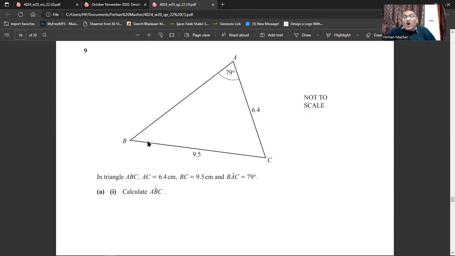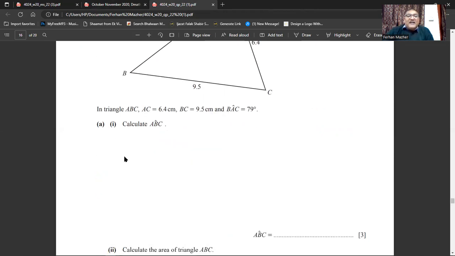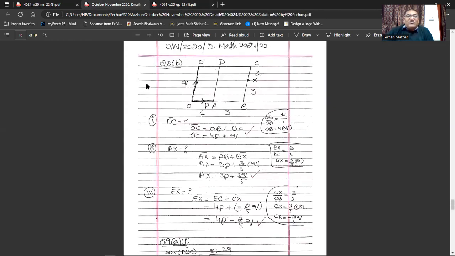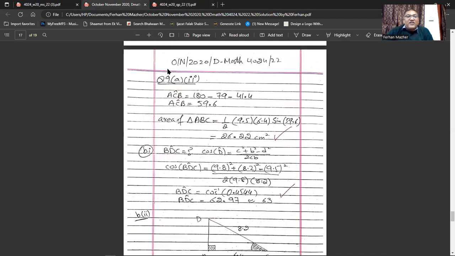So I will use the law of sine. That will be sine of the ABC angle divided by 6.4 equals sine of 79 divided by 9.5. It's a 3 marks question. You only have to use the law of sine. Very simple, straightforward question.